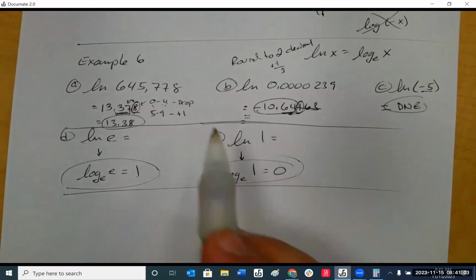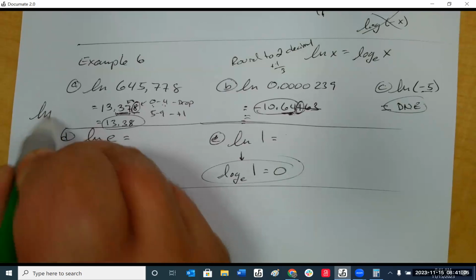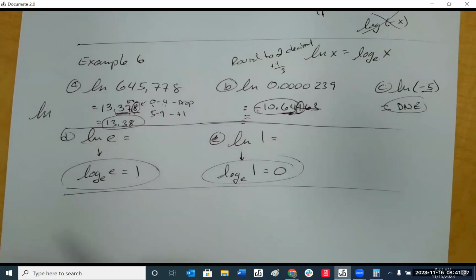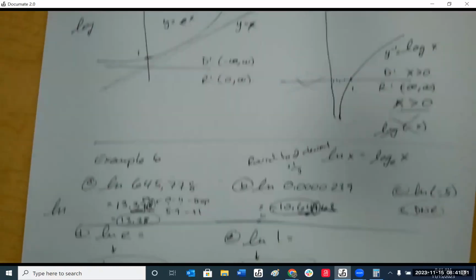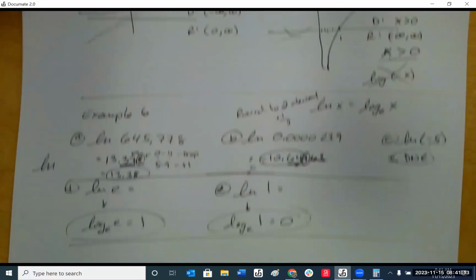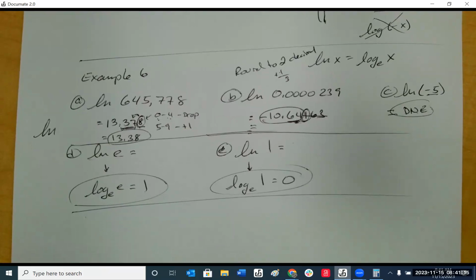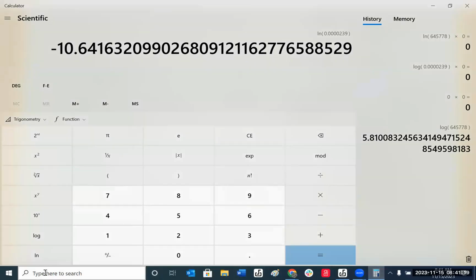So this is using ln and log. These last 2 examples, we're using ln and log. If you notice on a calculator, that's all you have a chance to do.